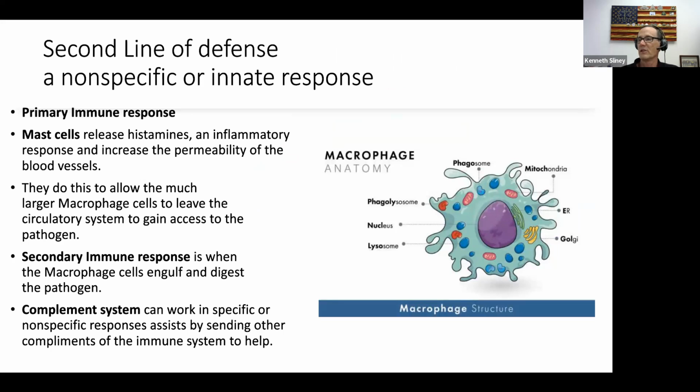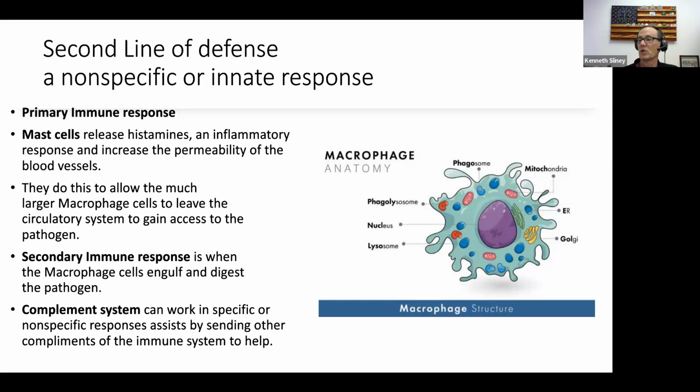All right, so let's get into the immune system itself. It starts at the second line of defense, which is a non-specific or innate response. That means that it does this to any pathogen that enters the body, and it's not specific to which type it is. This begins with mast cells.